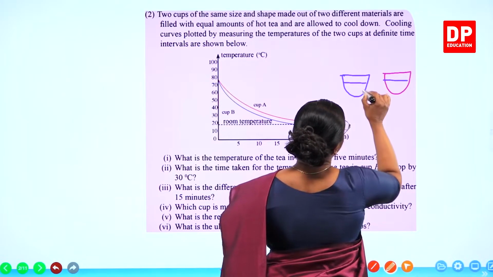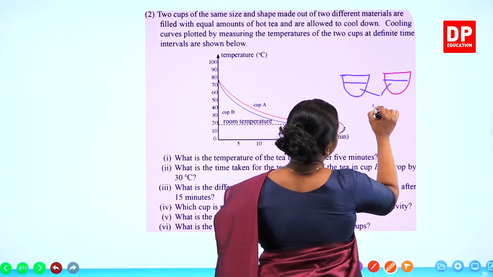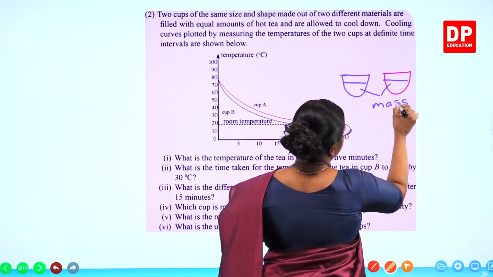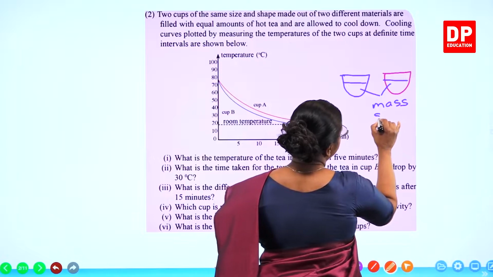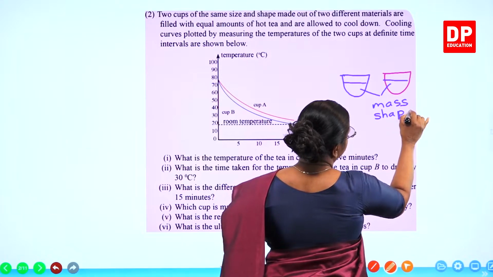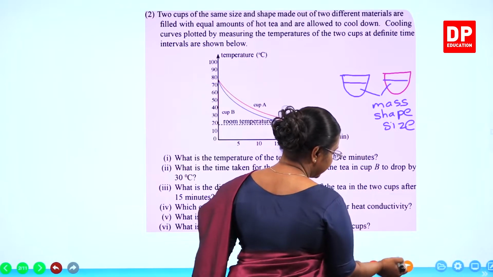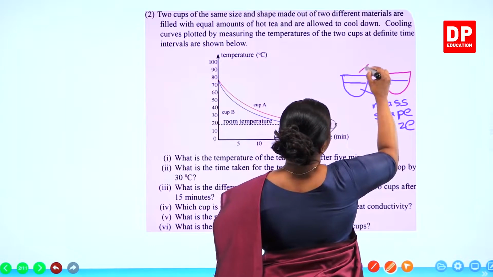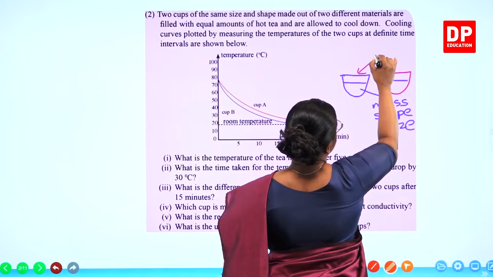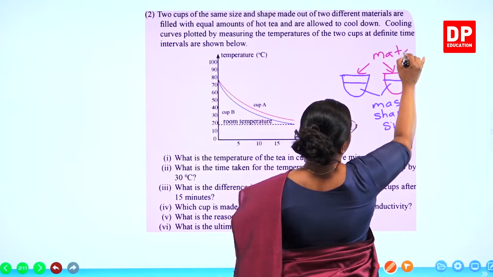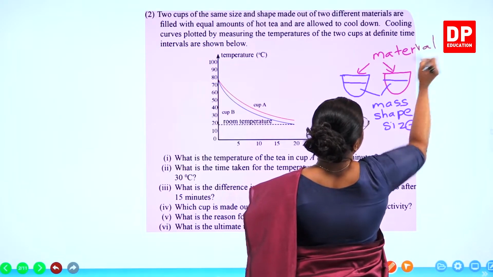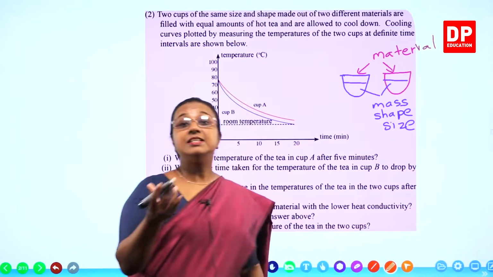So, here the mass or the volume of tea is the same and they are of the same shape and size. So, what is the difference? The difference is the material.